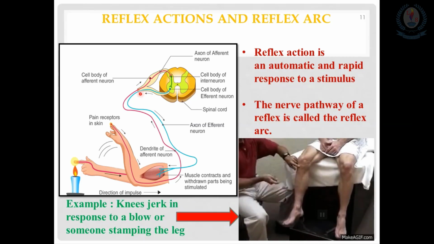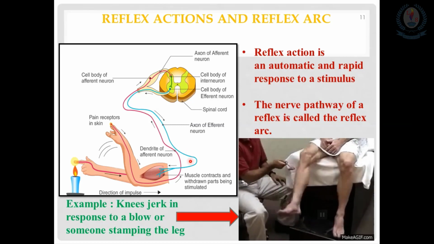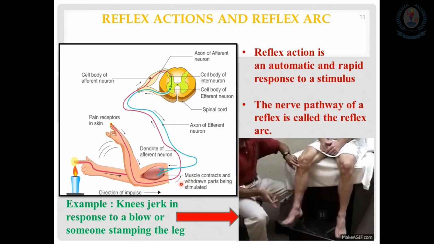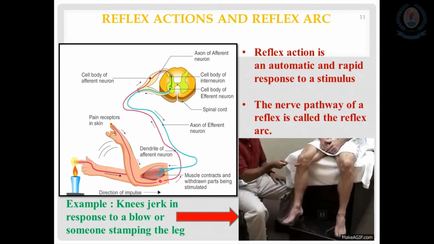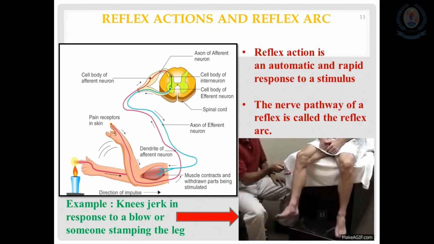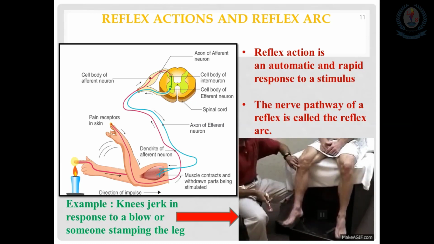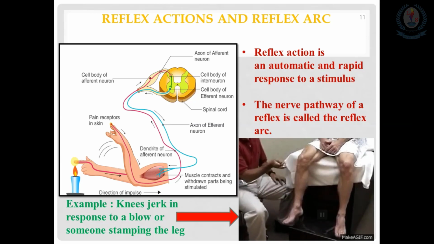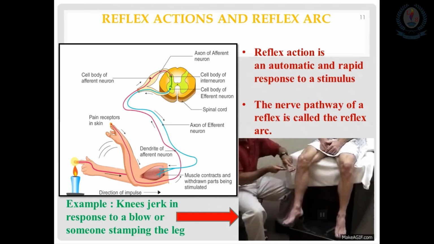The triggered impulse now passes down the motor neuron to an effector. The pathway is indicated in the blue line. In this instance, the effector is a muscle. The muscle now contracts and pulls the hand away from the heat. So, that's the ultimate response.